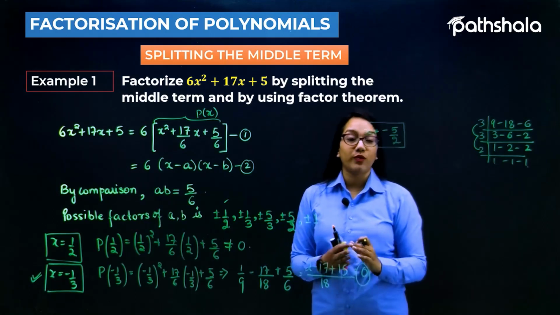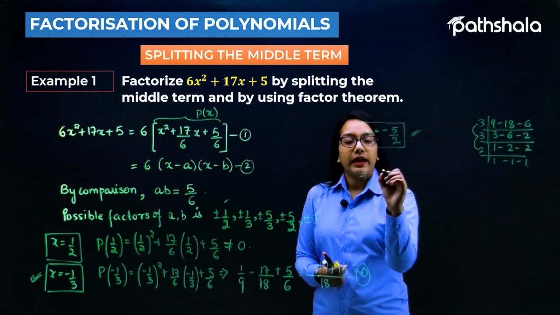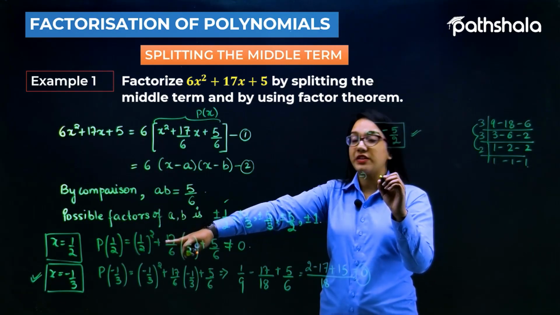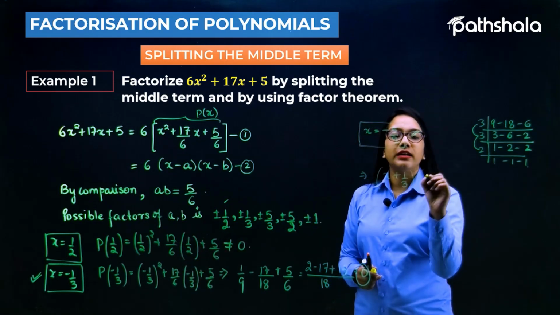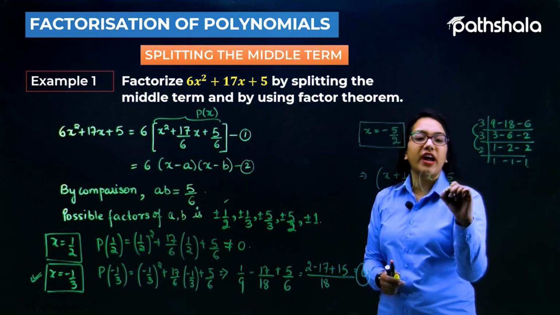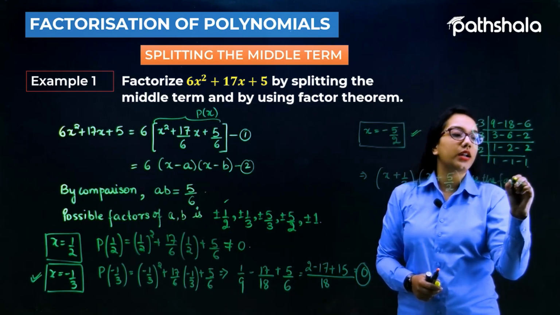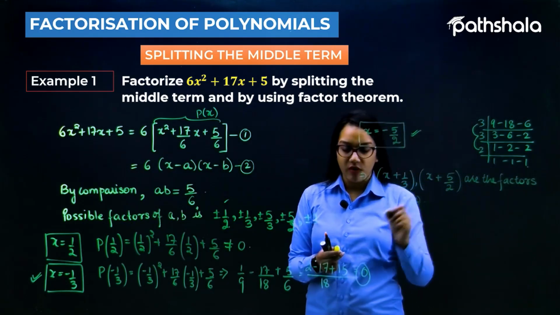So using the factor theorem, x minus a, x minus b, where x is equal to minus 1 by 3, means x plus 1 by 3 and x plus 5 by 2 are the factors of the polynomial p of x.